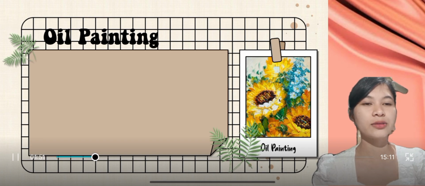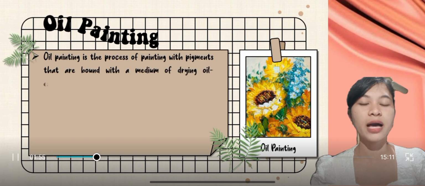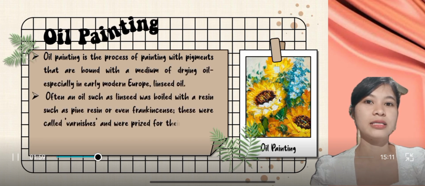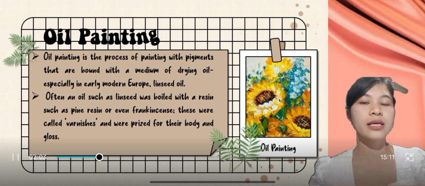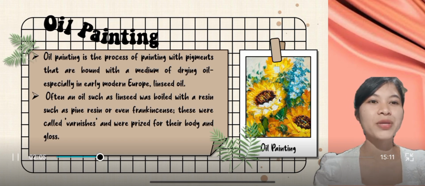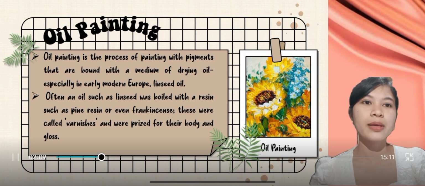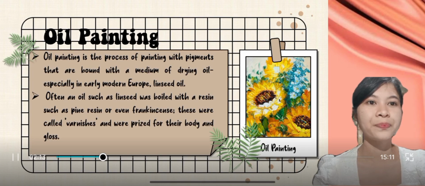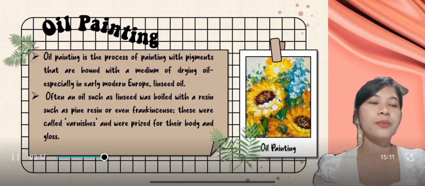The oil painting came from the roots of Afghanistan, and it gained prominence in the early Netherlandish period. So let's define now what oil painting is. Oil painting is the process of painting in which pigments are bound with a medium of drying oil, especially as it started in early modern Europe.